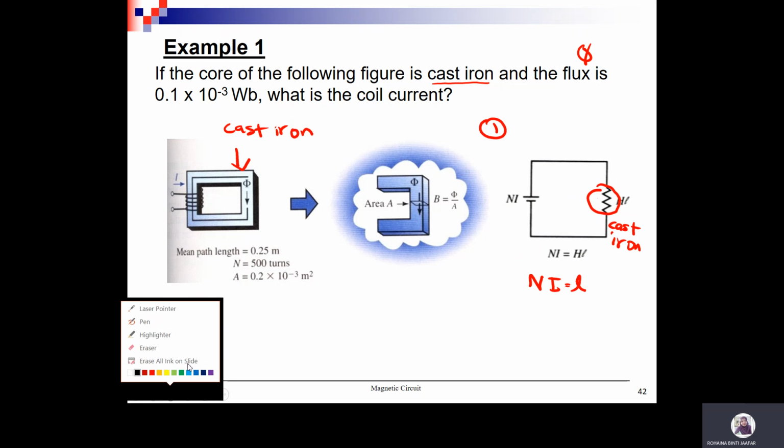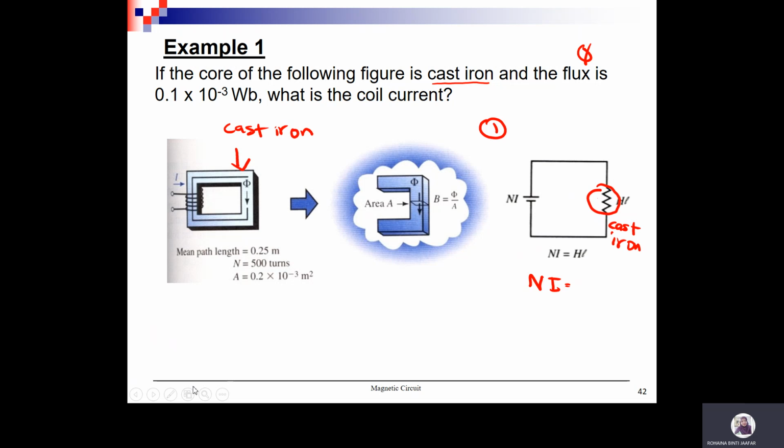So this one, let me erase first. Okay, Ni equal to HL cast iron. So you can write it H iron, L iron.